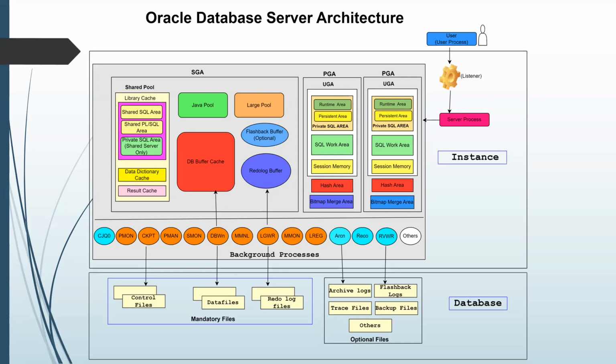There is a common misconception amongst many beginning DBAs that for all the users who are connected to the database, there will be a common PGA. It's not like that. PGA is a private area. That means whatever information is present inside this PGA, which has been allocated for this specific user, only this user will have access to it.